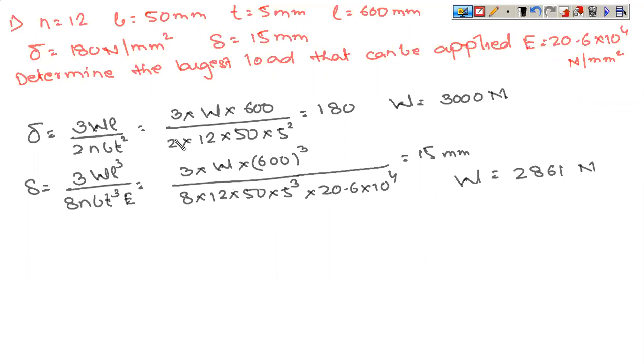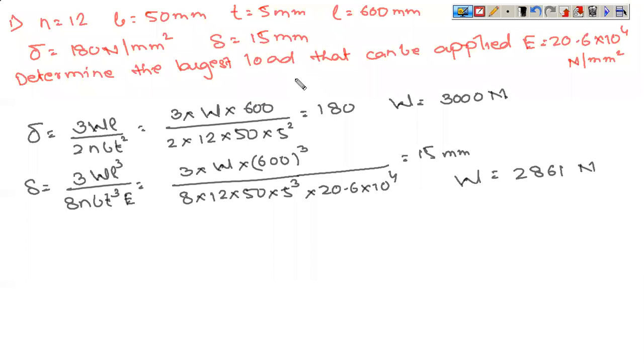Now in this problem, you need to understand that when everything is given and you need to find the largest load, you can see that W can be calculated from both these relationships, from delta as well as sigma.